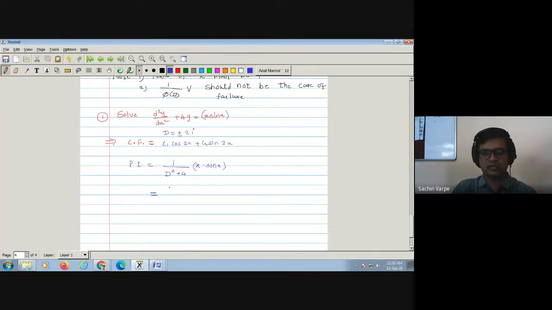Case number 6 says that is equal to x minus phi dash. What is phi dash? 2D, right? Phi's derivative with respect to D. That is 2D upon D square plus 4, the whole into 1 upon phi of D, that is D square plus 4, and that is operated on v, which is sin x.